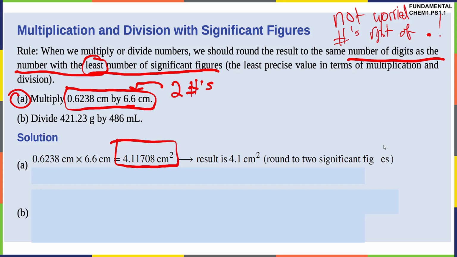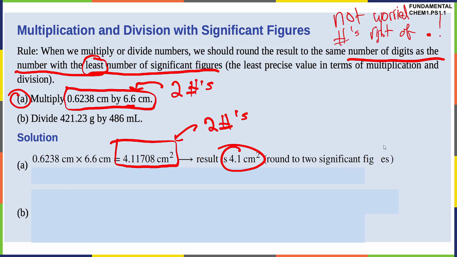We're worried about the total number. So 6.6 has 2 numbers, so your final answer can only have 2 numbers. So the only way we can round 4.11708 is to say 4.1, right? That's 2 numbers, and we're good to go.